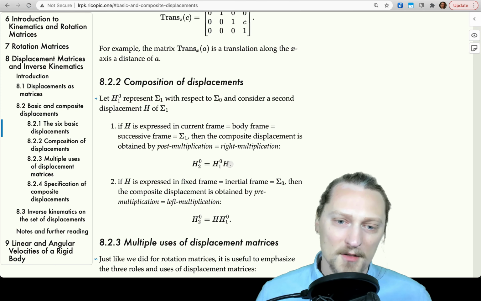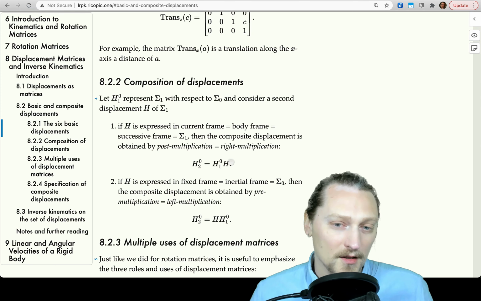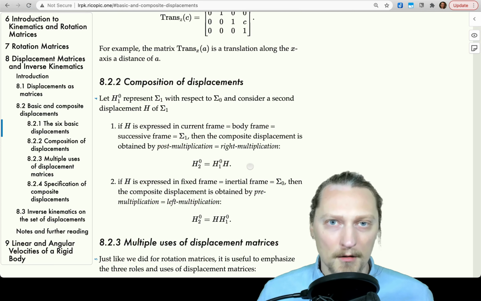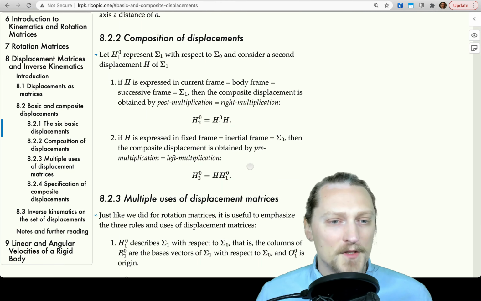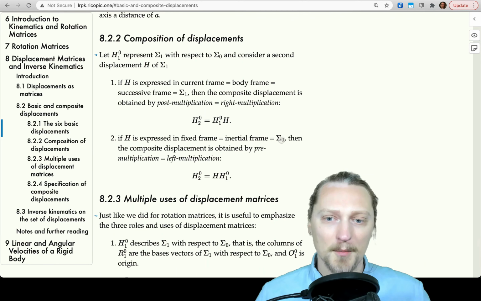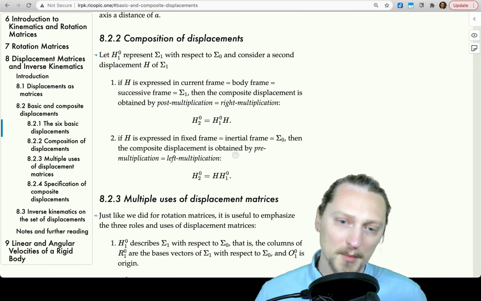This is our most common situation here. 2, if H is expressed in a fixed frame or inertial frame, sigma 0, then the composite displacement is obtained by pre-multiplication or left multiplication.